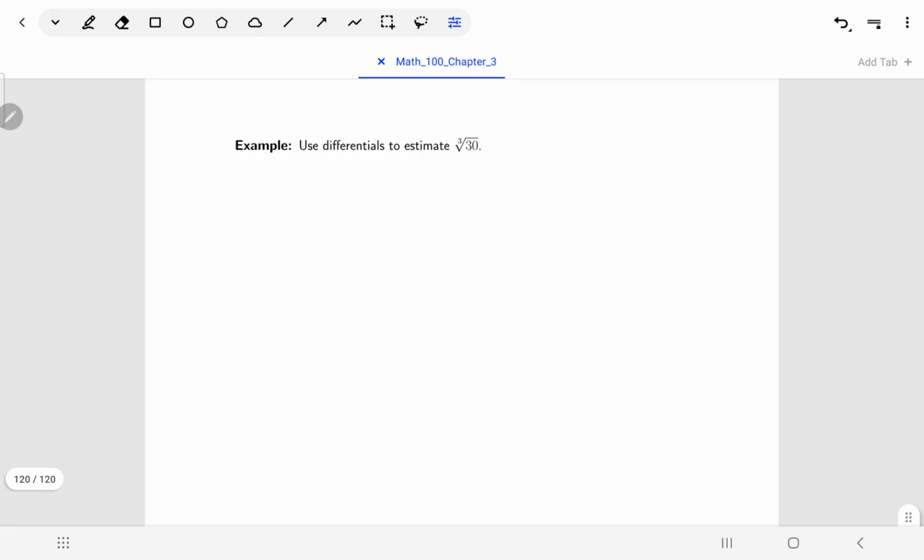So I'm going to use this idea to calculate the cube root of 30. I'm going to, of course, start with a function, and my function is going to be the cube root function, x to the 1/3.